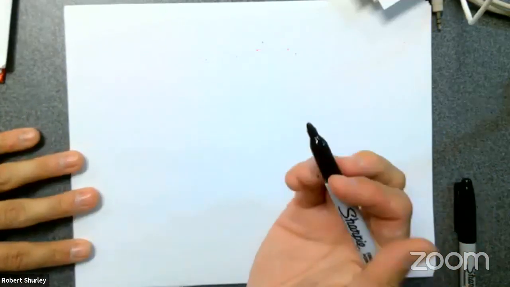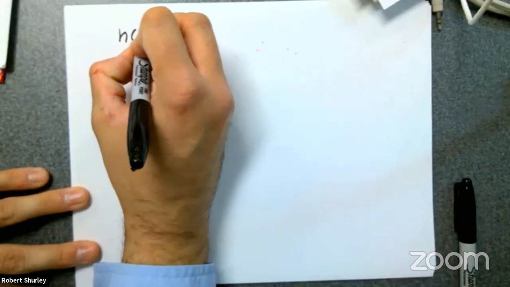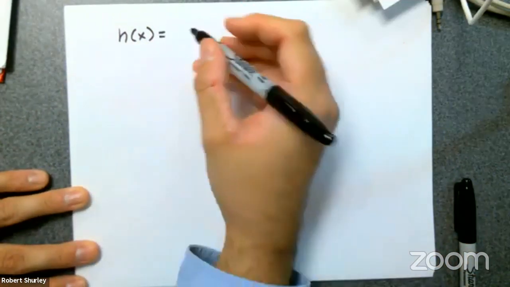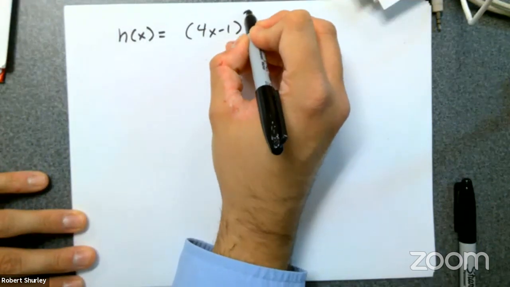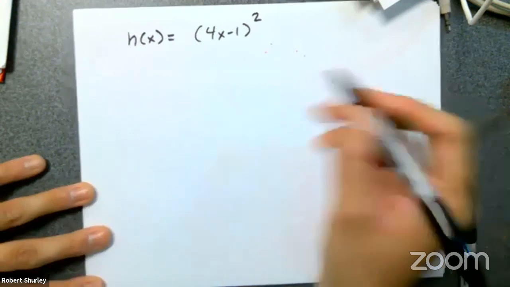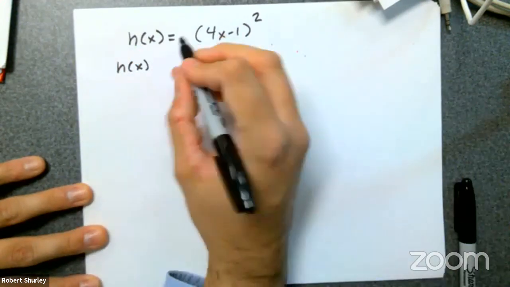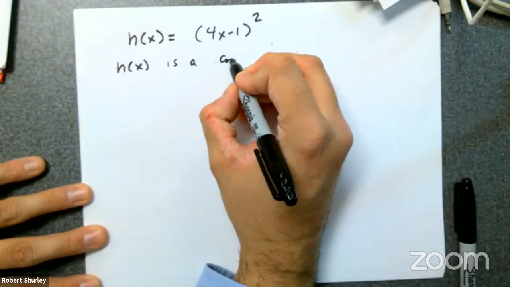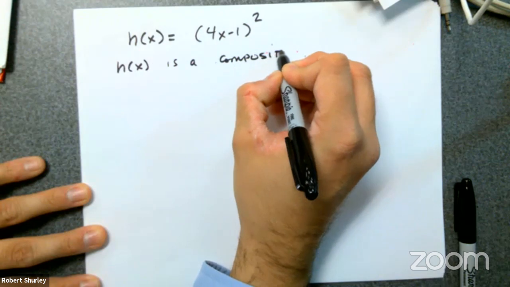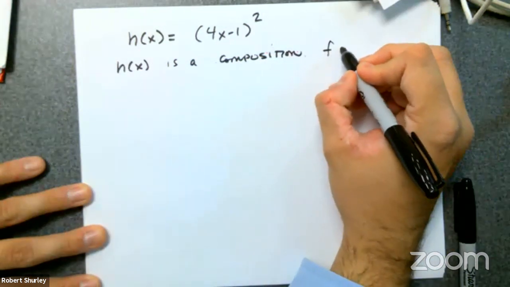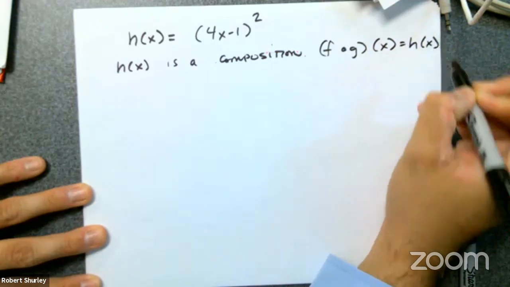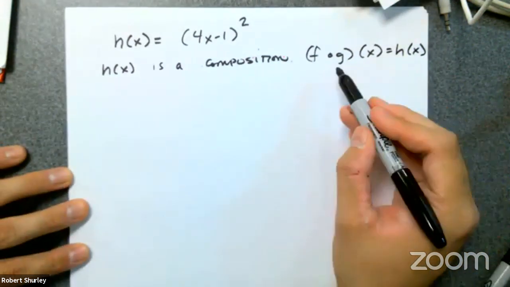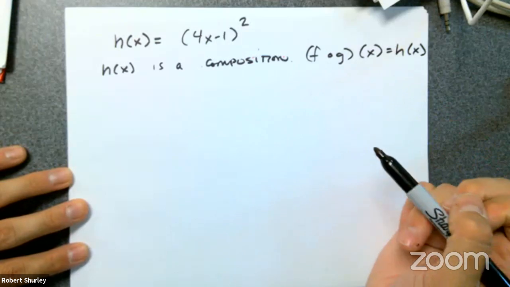So now we're going to go backwards. Let's say I gave you h of x, and it was, let's say, (4x minus 1) squared. And I tell you that h of x is a composition, and it turns out it's f composed of g of x. Okay? h of x is just f of g of x.